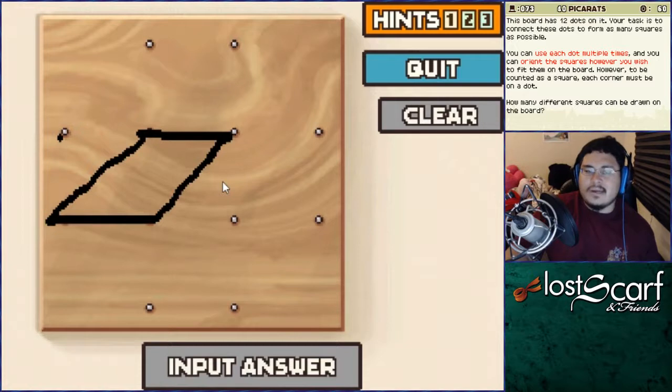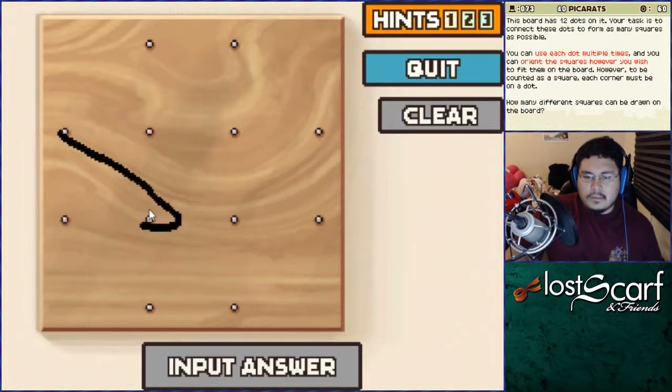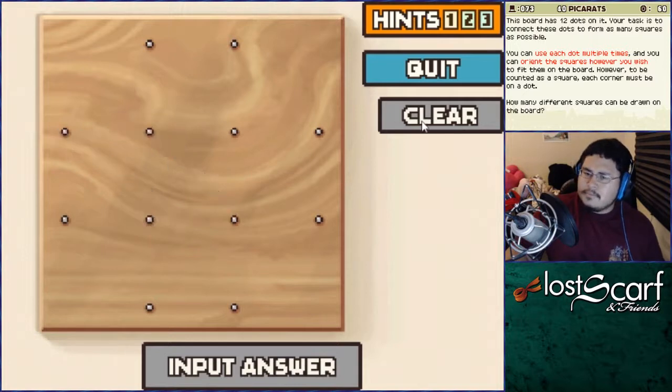Yeah, it counts as a square, right? 1. Ah, crap. 1. 2? Is that a rectangle? Is that a square or a rectangle? Like, is it even a shape if I do that? I think it's even a shape if I do that, right?